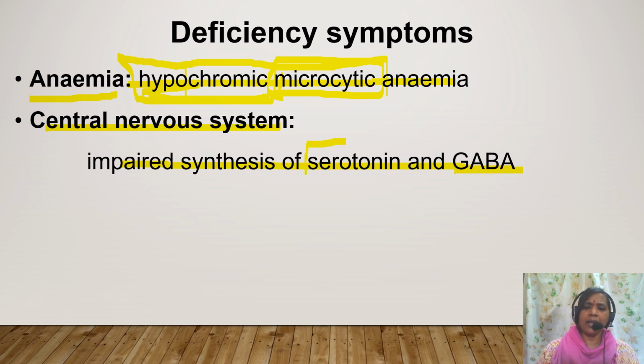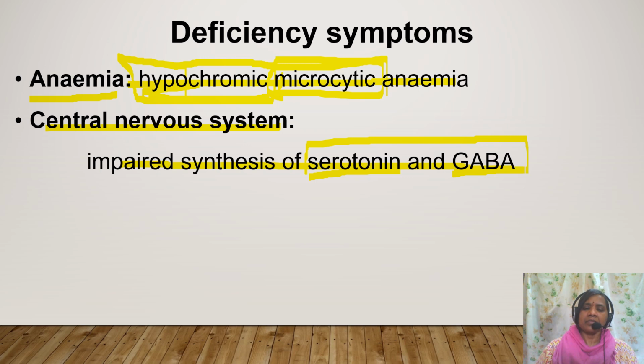These two are important neurotransmitters synthesized from amino acids. Serotonin is synthesized from the amino acid tryptophan, and GABA is synthesized from the amino acid glutamic acid.